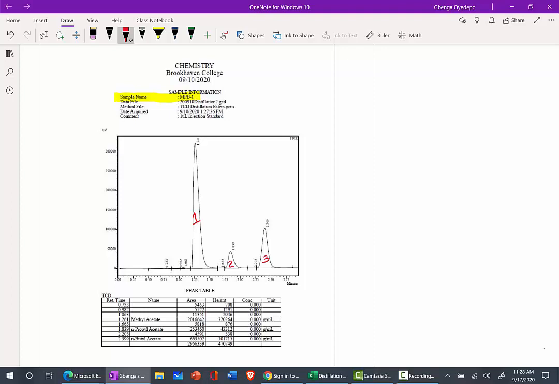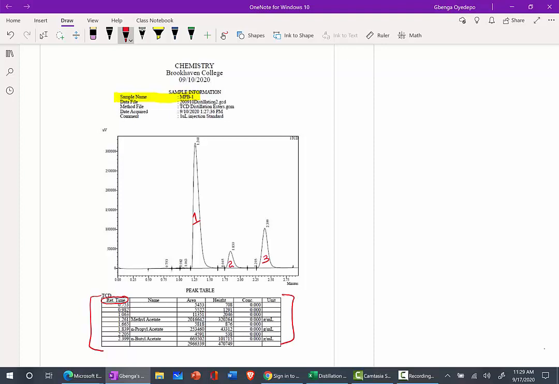And if you look right below the chromatogram, you will see the peak table. The very first thing I want you to note is the retention time. The retention time can be used to know the identity of each component.